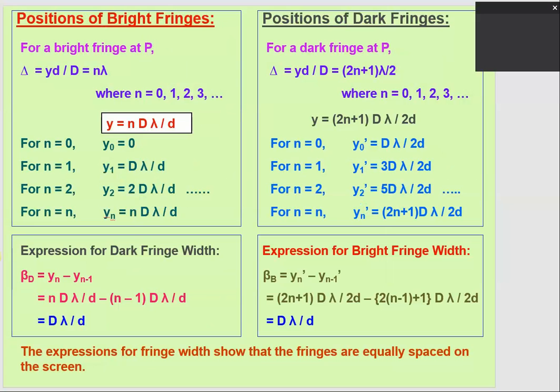So n equal to 1 gives the first bright fringe on one side. Similarly, for n equal to 2, we get the second bright fringe, and similarly for n, we can generalize the result to write the formula for the nth bright fringe. So during a question, if we have to calculate the position of any number of bright fringe, we can calculate its distance from the center of the screen by using this formula.